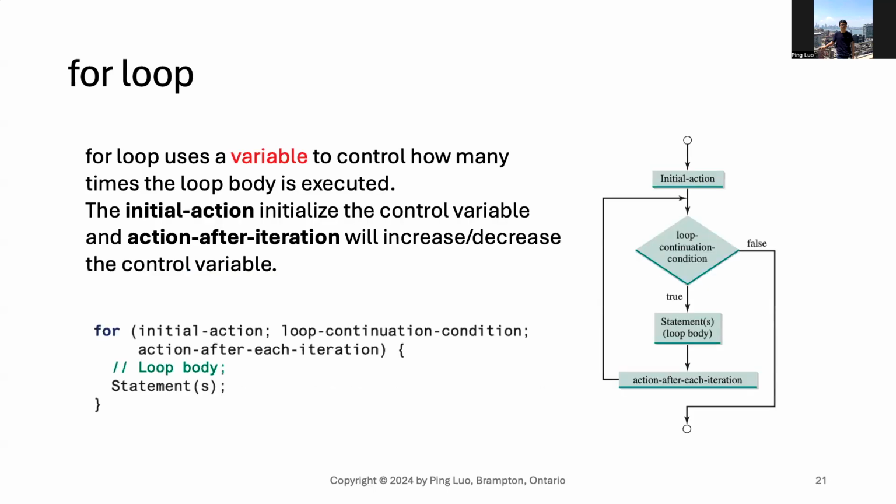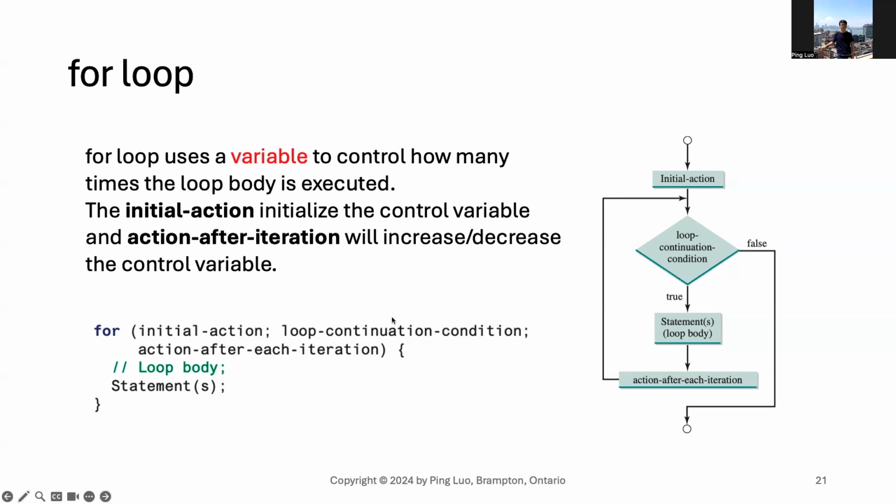So we have learned the while loop, and another more popular, more widely used loop is the for loop. It has this specific format. Initially, you need to define something to control how many times the loop needs to perform.